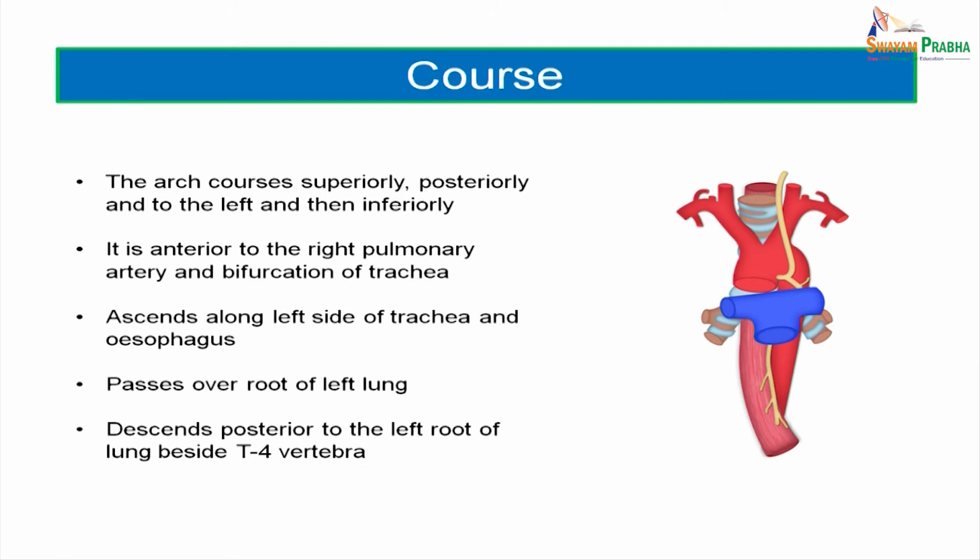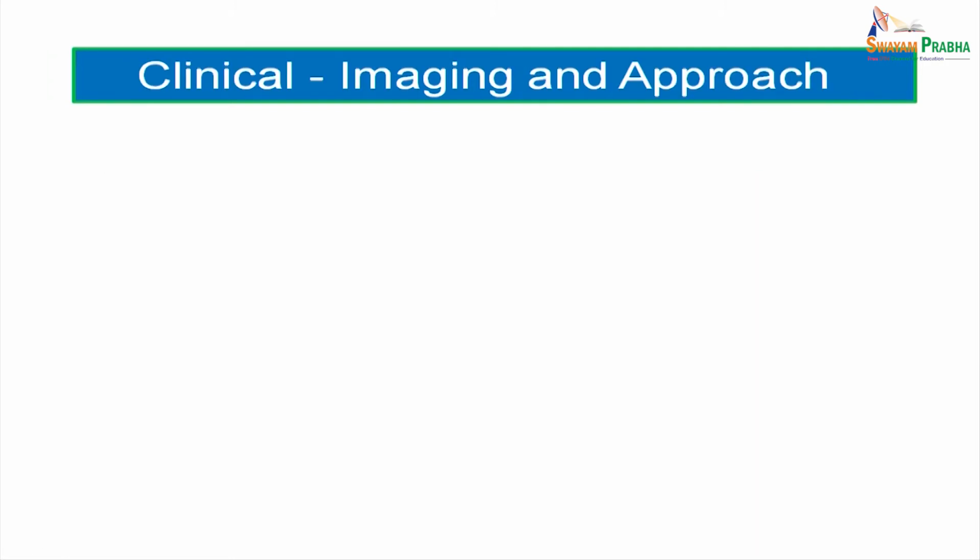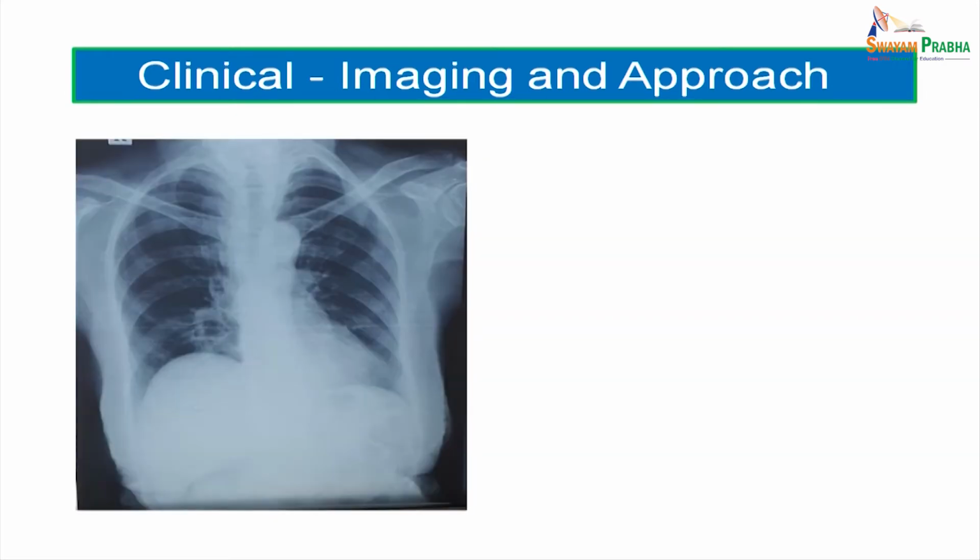So what is the importance of this location? Based on this location, we are able to picturize the arch of aorta in various X-rays, CTs and MRIs. When we take a photograph of the chest PA, that is a posterior anterior view of the chest, the arch of aorta is seen as a white shadow just above the left border of the heart.